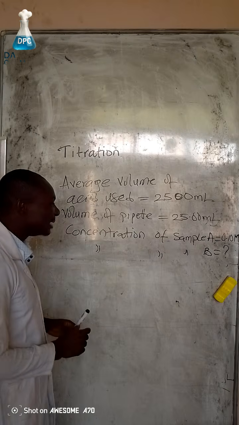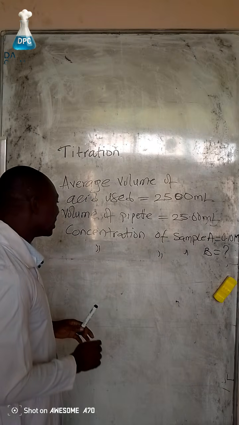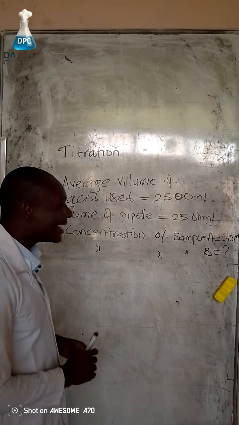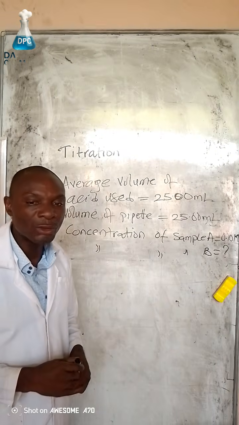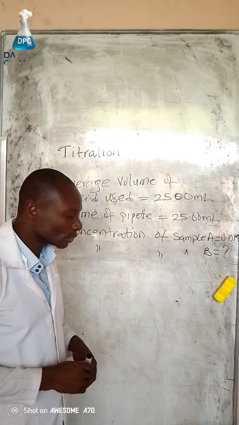Then another thing that is very, very important: we are to look for a formula that can help us calculate this unknown concentration.